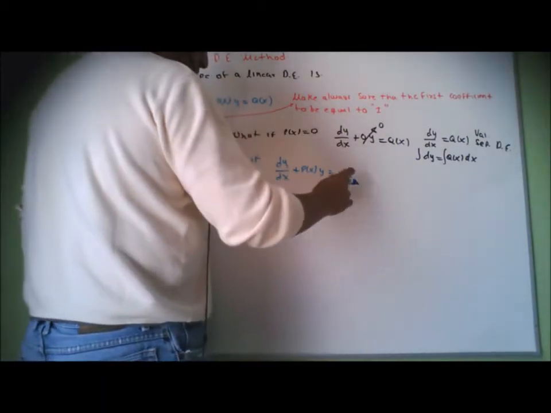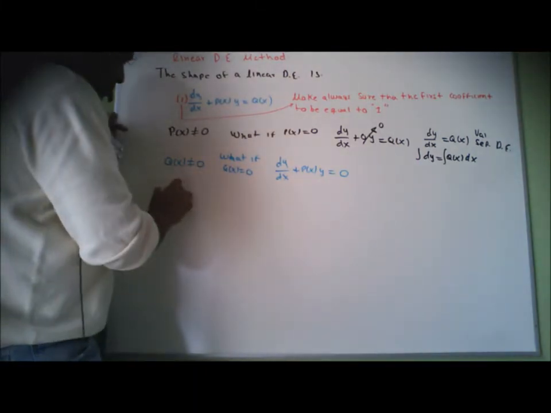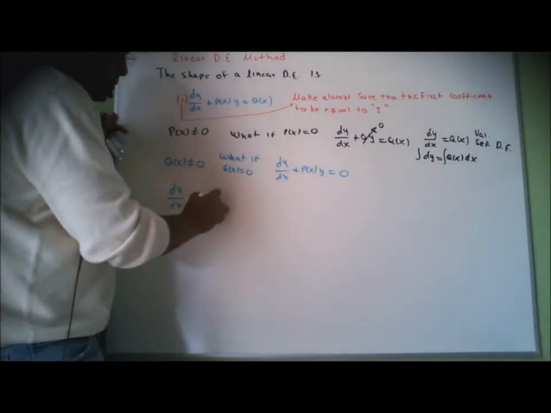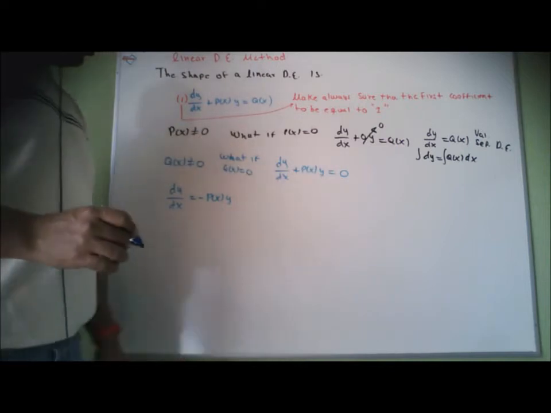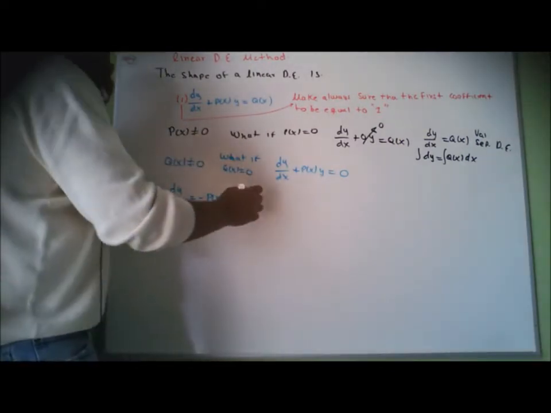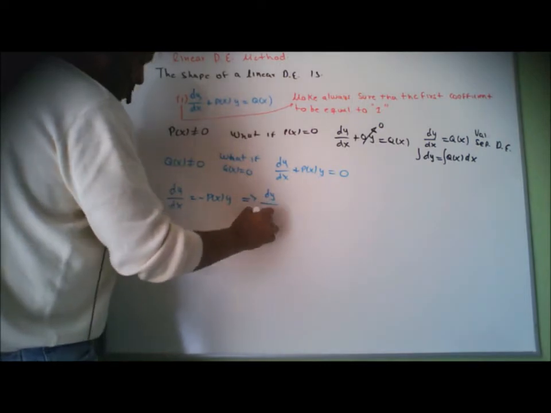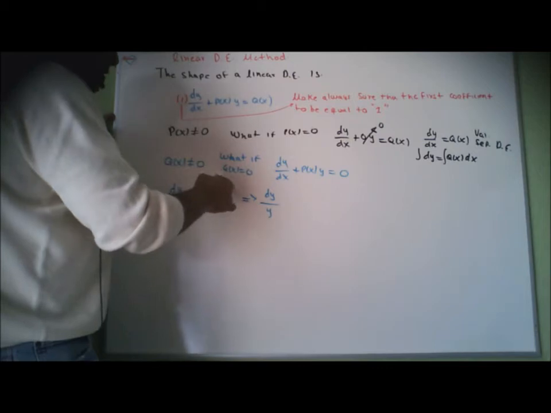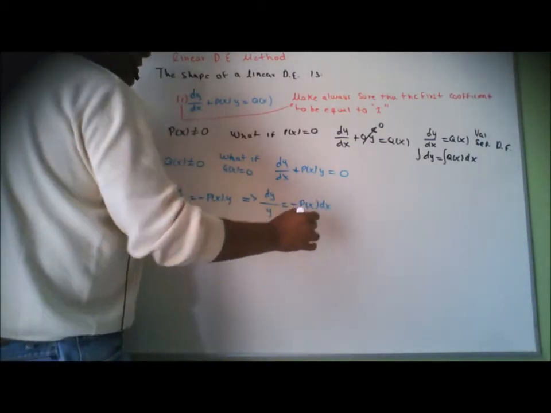You can see here how it works: the derivative of y with respect to x equals minus p of x times y. Let's pass this to the other side and separate the variables: differential of y over y equals minus p of x, differential of x.